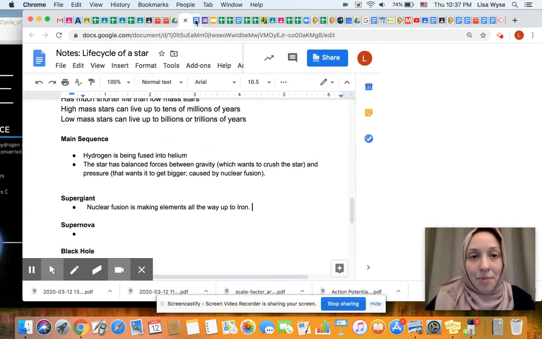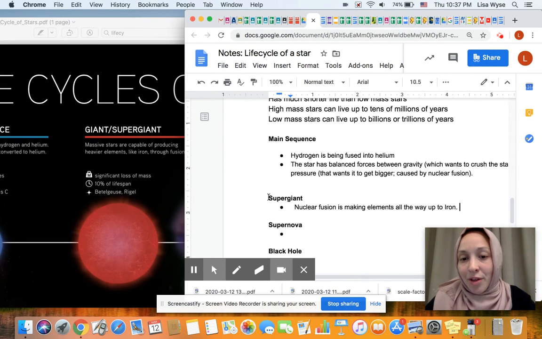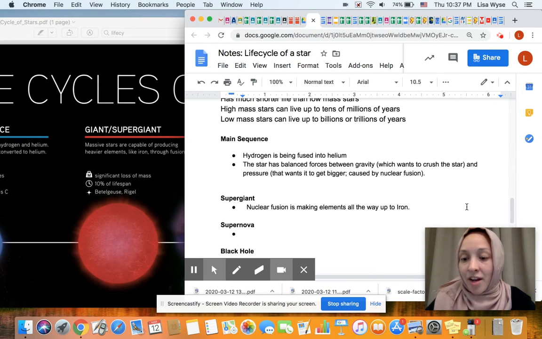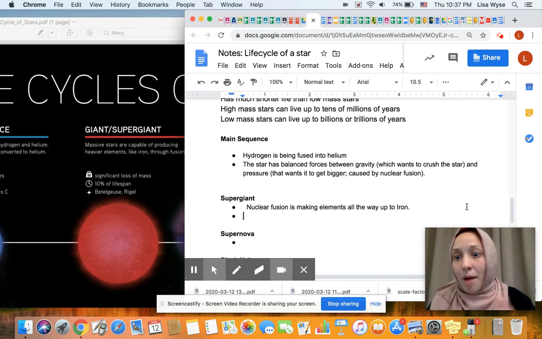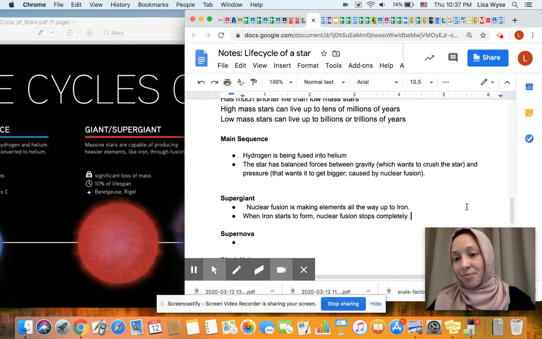So nuclear fusion is making elements all the way up to iron. When it starts making iron, nuclear fusion stops. It stops completely.